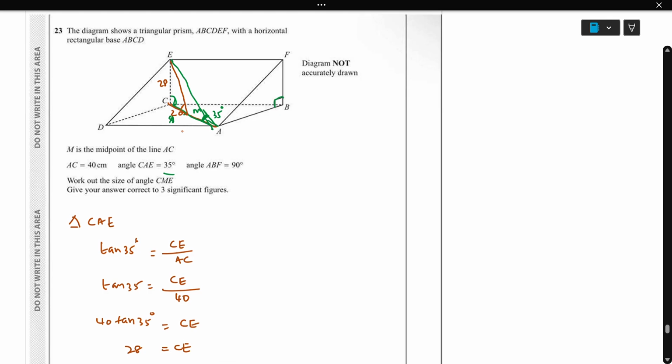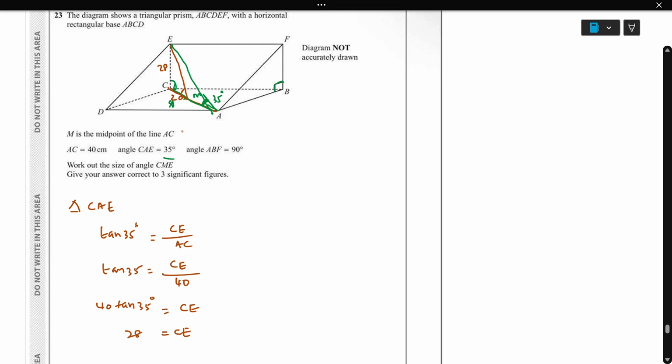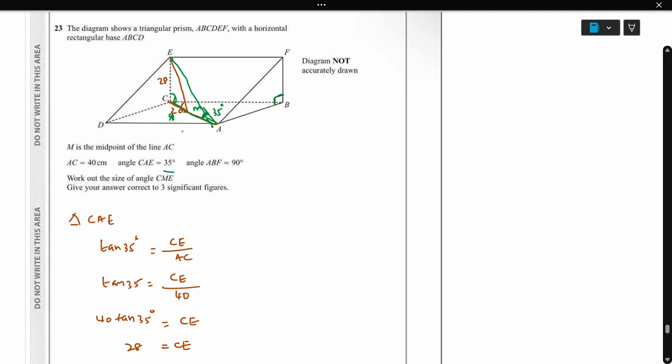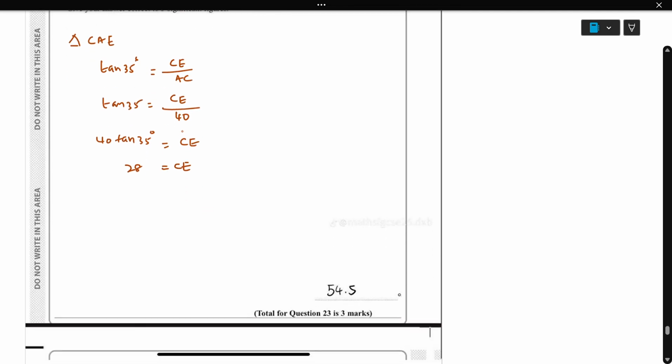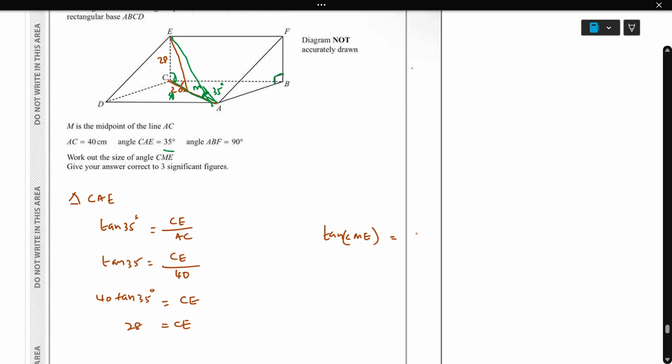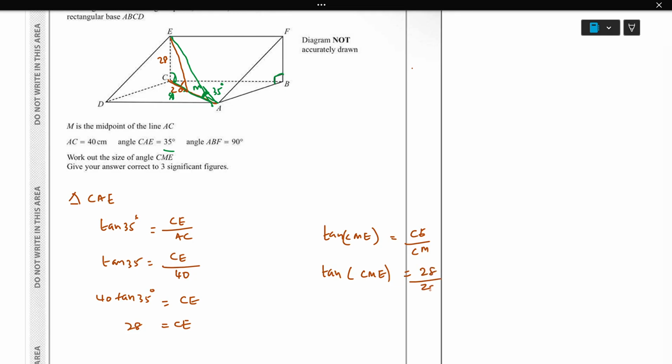So we need to find the angle. Again, adjacent and opposite is there, so triangle CME. So tan angle CME equal to opposite, CE, over adjacent, CM. Tan angle CME equal to CE is 28 over 20.